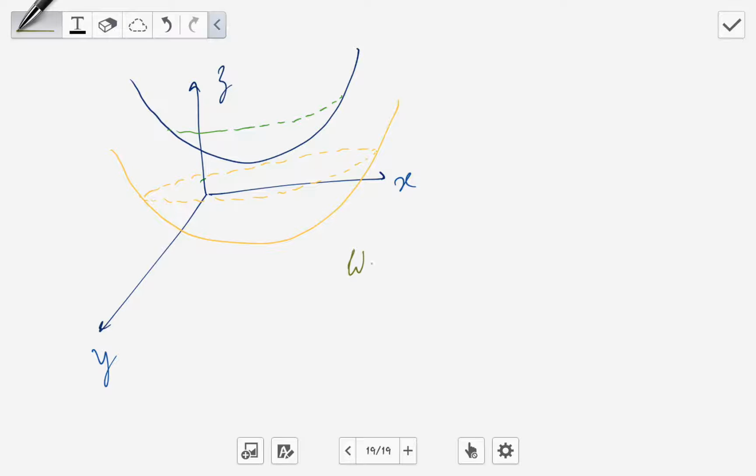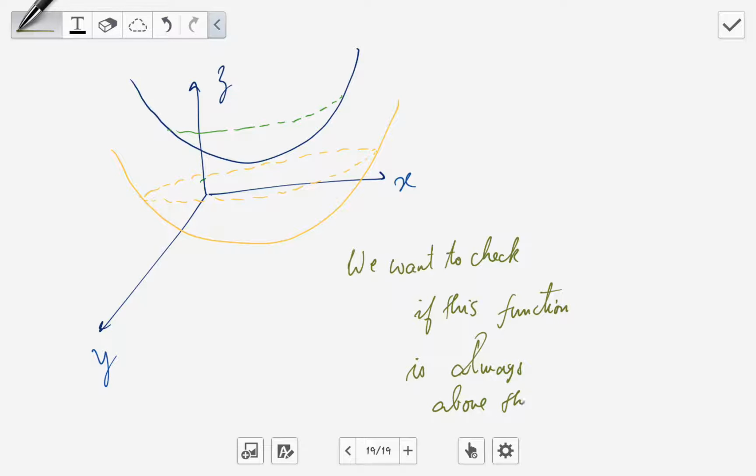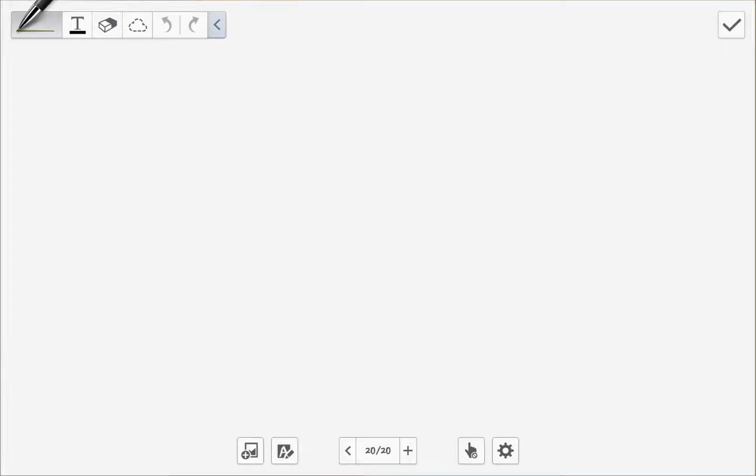Okay. We want to check if this function is always above the xy plane. Okay, so what should I have for that?